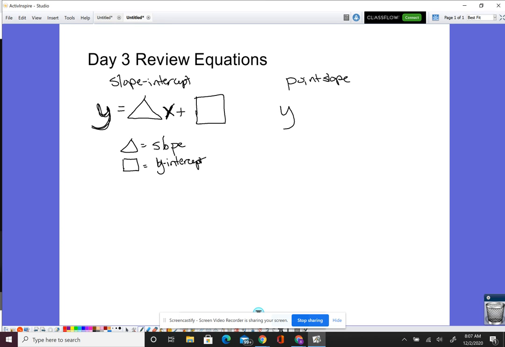So it already has a y in there, and it always has an x in there. It has a slope right in front of the x. It always has that minus sign and that minus sign. And then I'm going to put a little y there and a little x there.